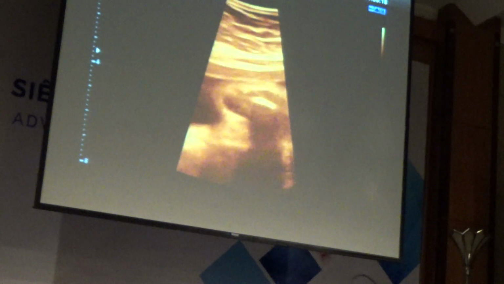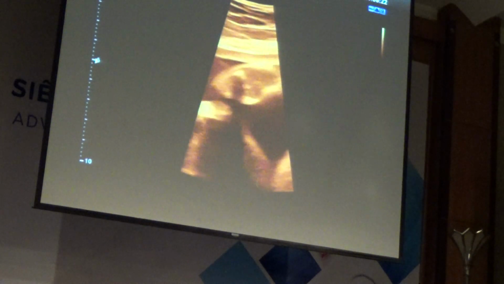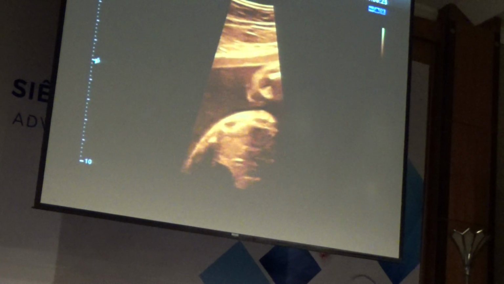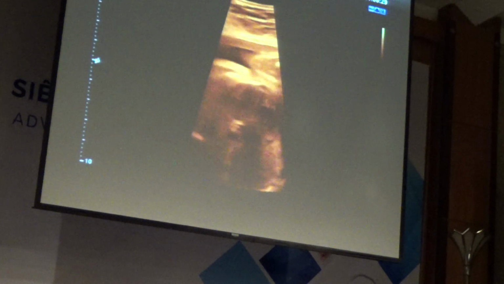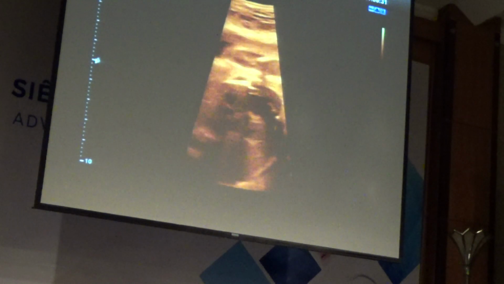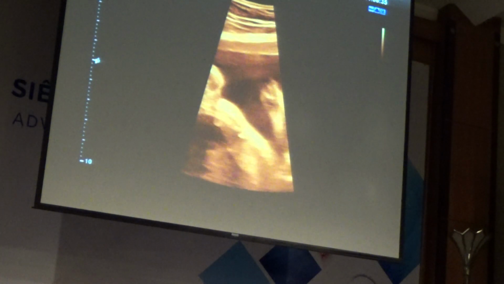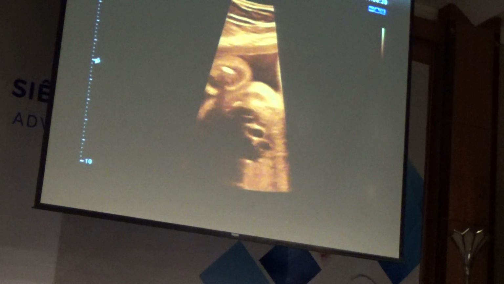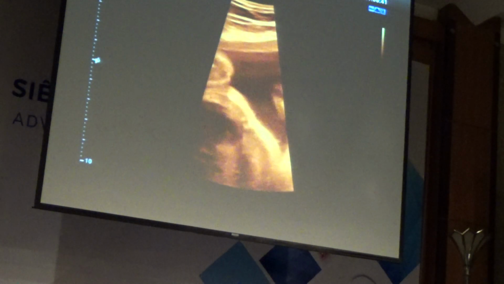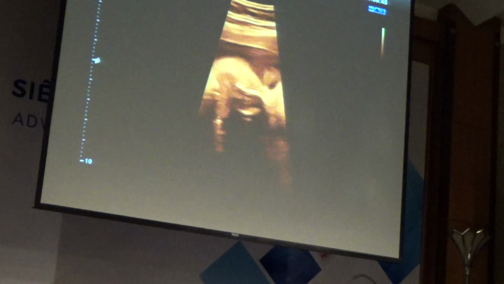Now let's see. Now the arm is in the way, unfortunately. So now I'm using 2 hands, so you need to bring the microphone towards it. Now we have the arm in the way and the head in the way.